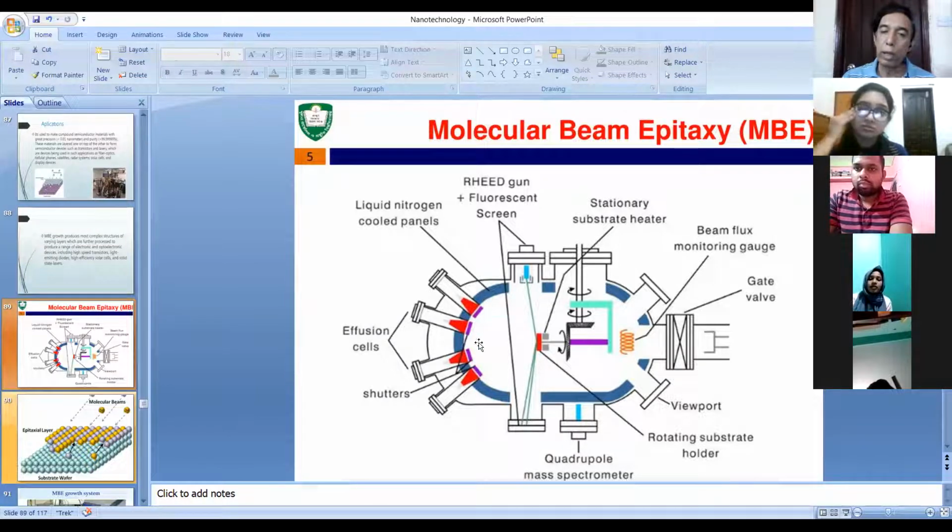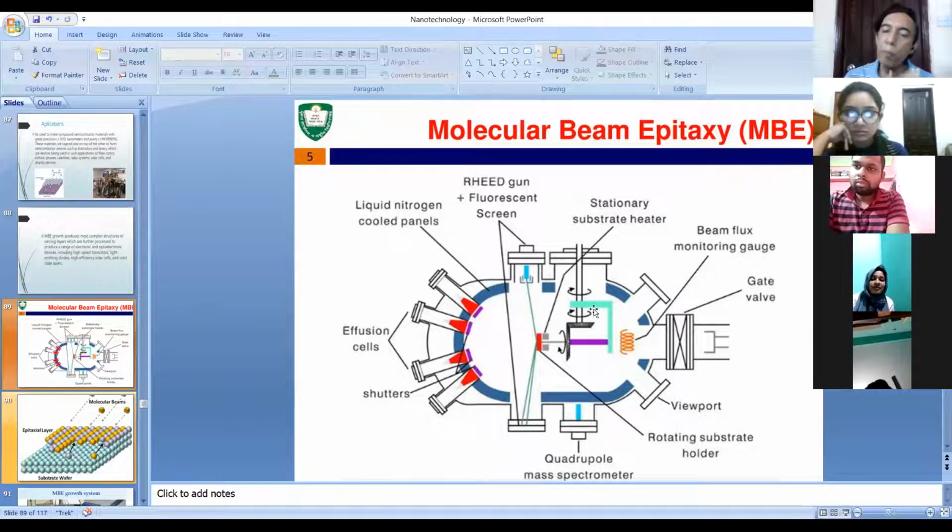Inside this chamber, high vacuum is necessary, about 10 to the power minus 11 to 10 to the power minus 13 torr. That means there should not be any molecule other than this molecule here.